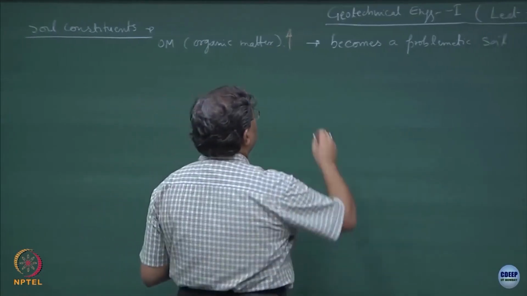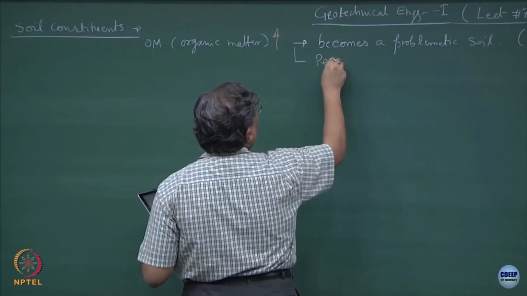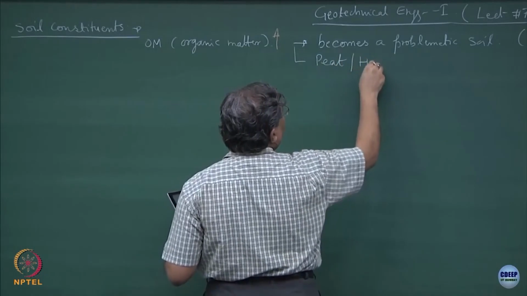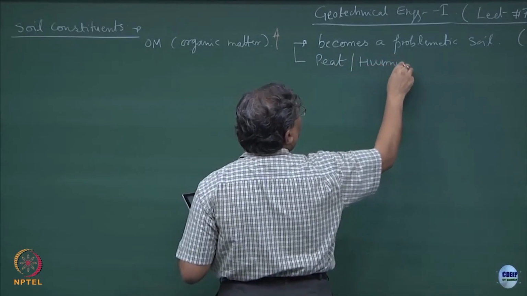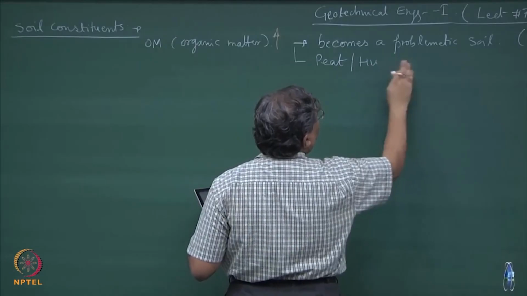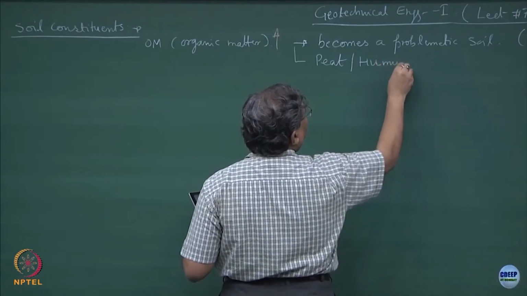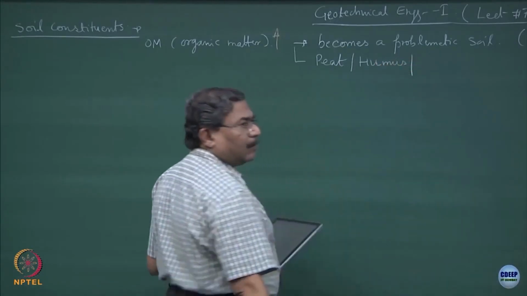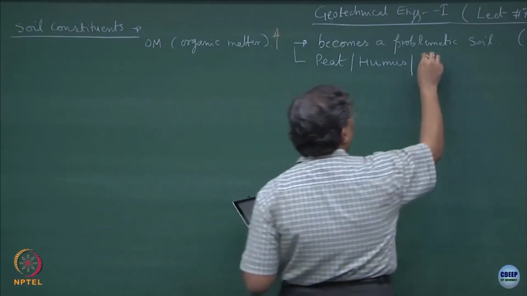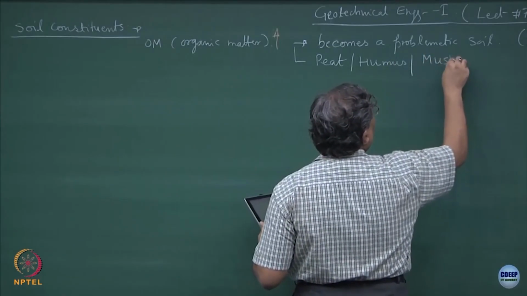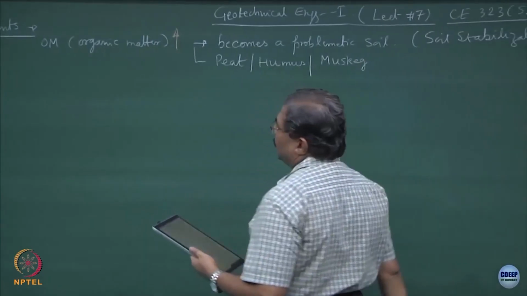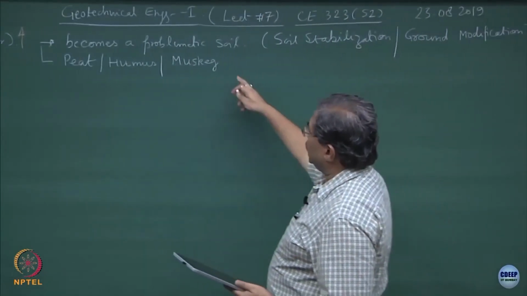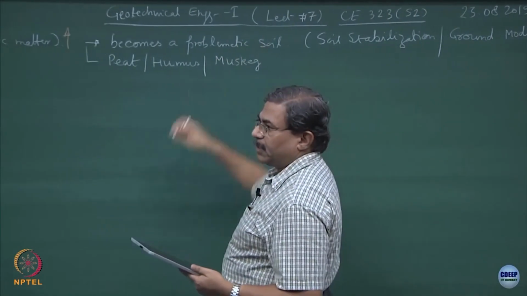These are the techniques which are nowadays used for making infrastructure in challenging and problematic soils, as I discussed the other day. Peat is the most notorious thing. Peat, humus, we had discussed the muskeg also the other day. So, these are the soils which have posed a serious problem to professionals.